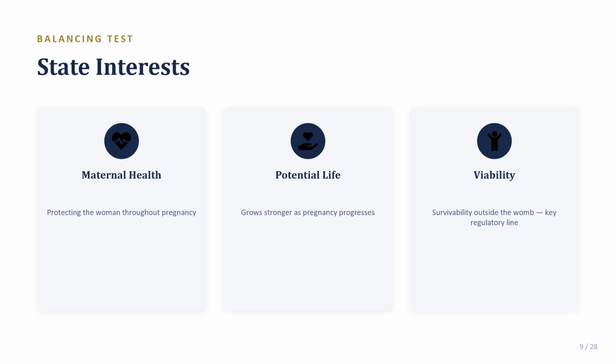Now, think about this. Can a legal test built around three factors that are weighted differently, depending on a specific point in a 9-month timeline, ever really be simple to apply consistently, case by case, in lower courts across the country?